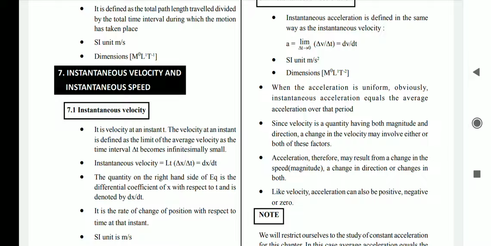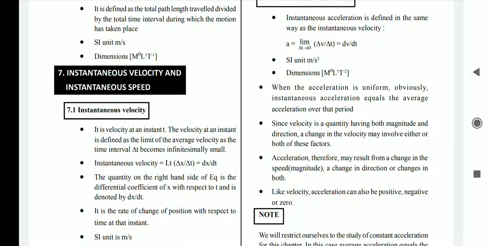Instantaneous velocity is given as delta x upon delta t, limit delta t tending to 0, that is, for a very short interval of time, and it can be written as dx upon dt, that is, for a very small time dt, the displacement will be dx.